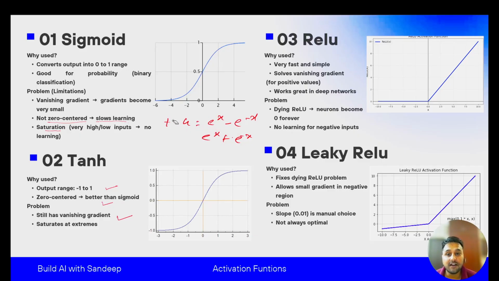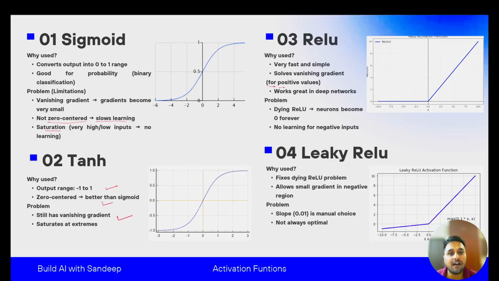Then after around 2014, ReLU came into the picture. ReLU was very powerful till 2018, and it is a very simple and very fast activation function. It solved the vanishing gradient problem for positive values.